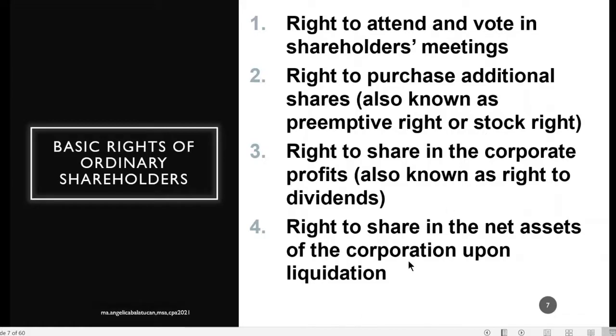So you have to take note that if there's only one class of share capital that will be issued by the company, it should be the ordinary share capital. Okay, so the corporation code does not allow issuing only preference shares without the ordinary shares. So if you're going to issue only one type of share, then that should be the ordinary shares.